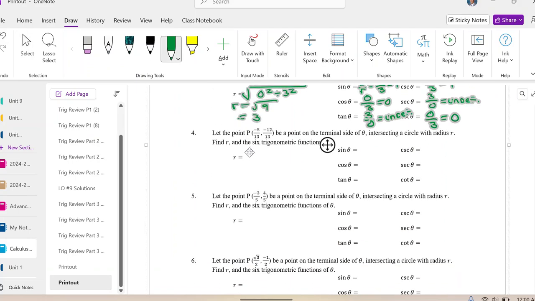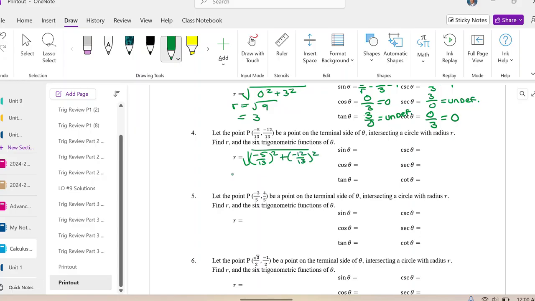Now for number 4, when we take the square root of negative 5/13 squared plus negative 12/13 squared, that gives us the square root of 25 over 169 plus 144 over 169. Basically, it gives us that the radius is 1, because it's 169 over 169. So that means it's a unit circle definition, which means the sine is just the y value, which is negative 12/13.